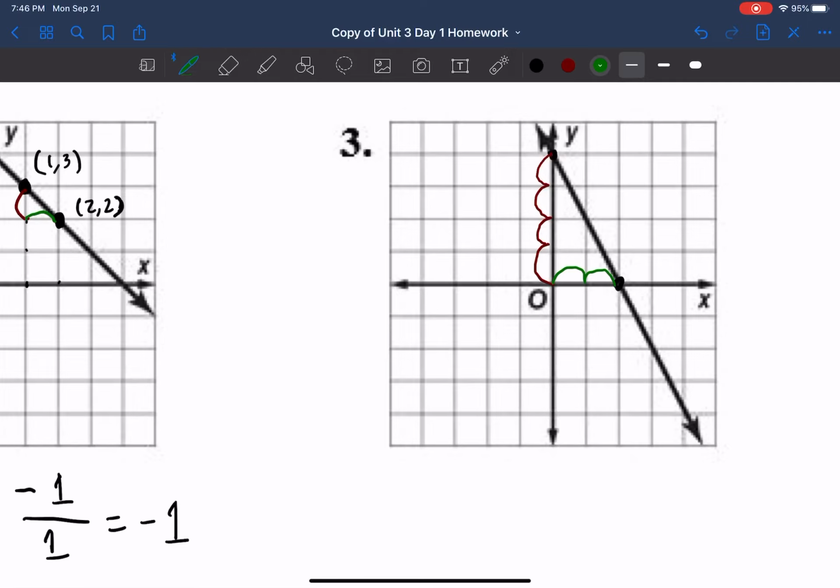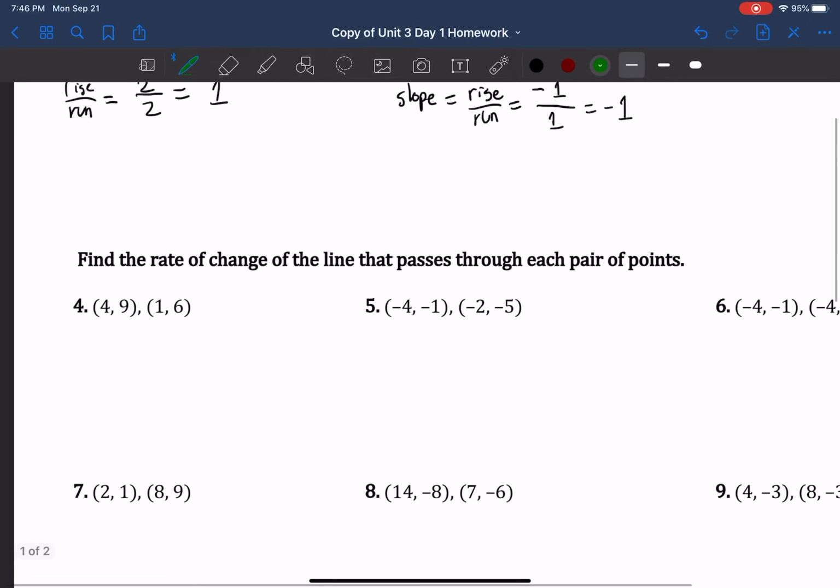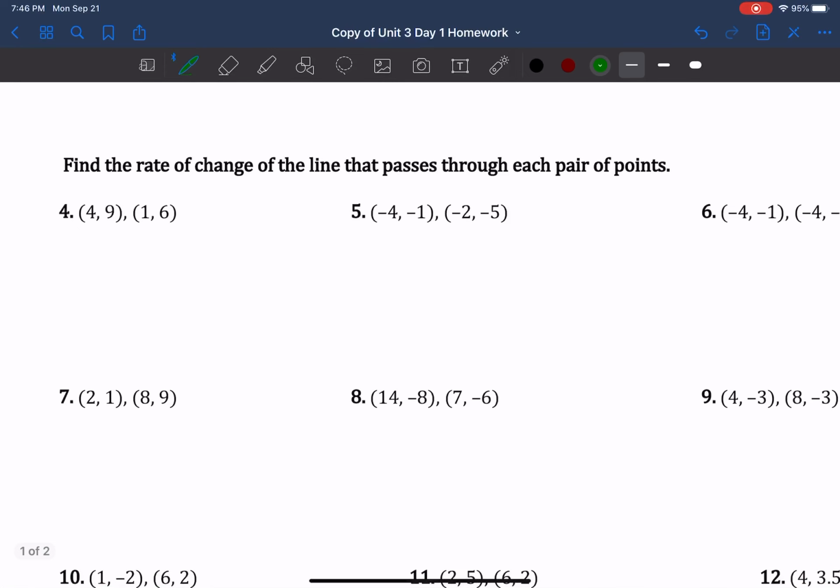So if I have a graph, it's not too hard to find rise over run. But if I'm looking at points, then I don't even need the graph. All I need to know is that I'm looking for rate of change, which is the same thing as slope. I'm looking for a rate of change of a straight line that passes through each pair of points.